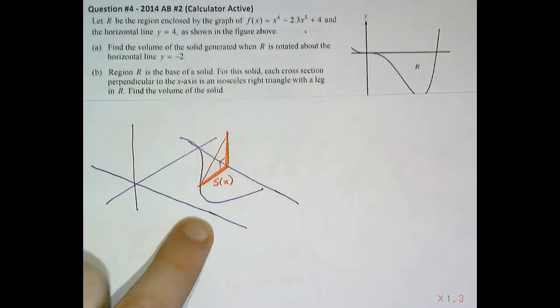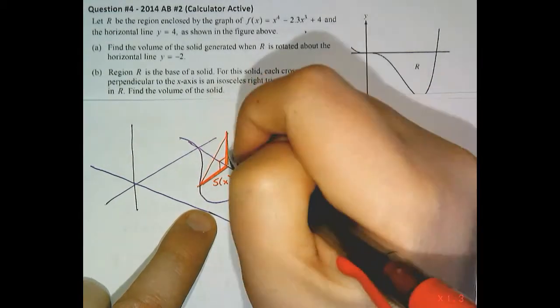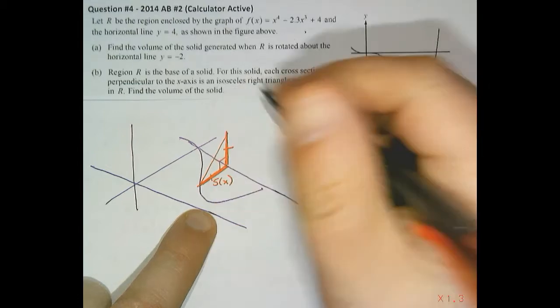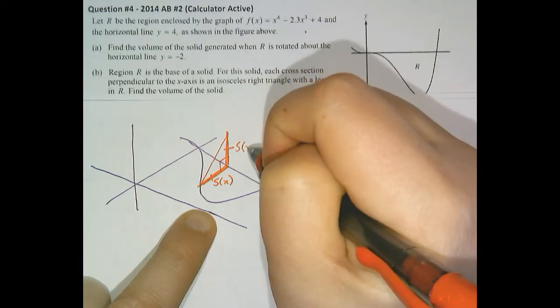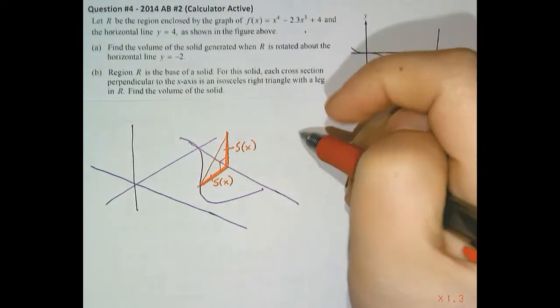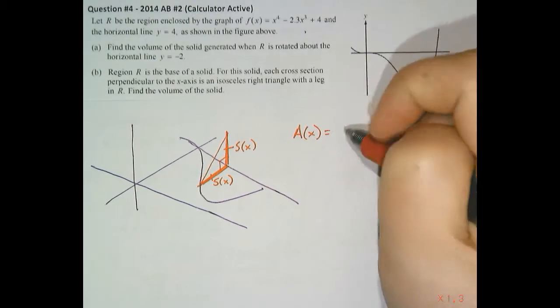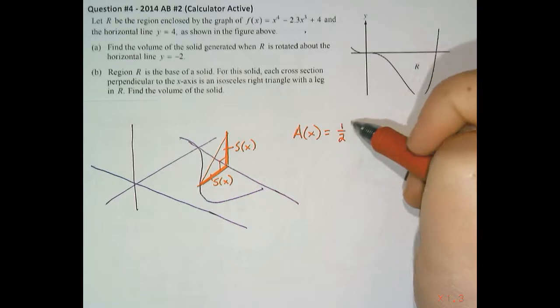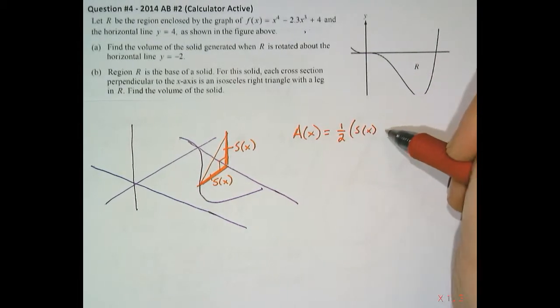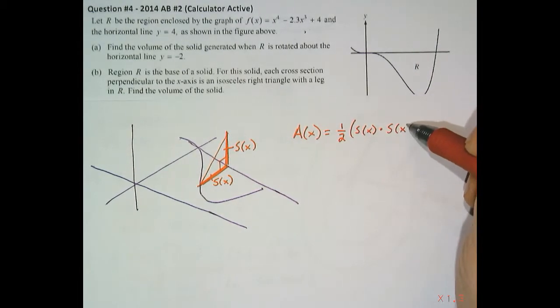And so this is an isosceles triangle because same side lengths, which means the height of the triangle is also S of x. And the area of one triangle would be 1/2 base times height. That's the area of one triangle.